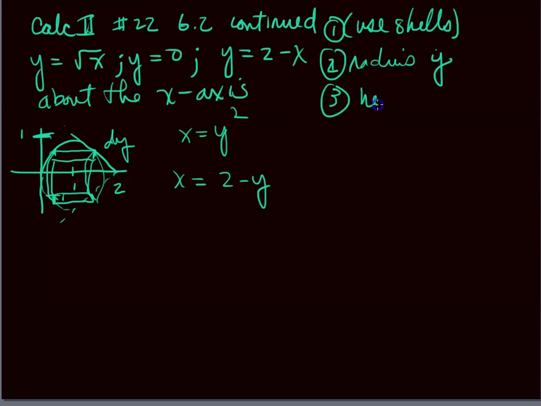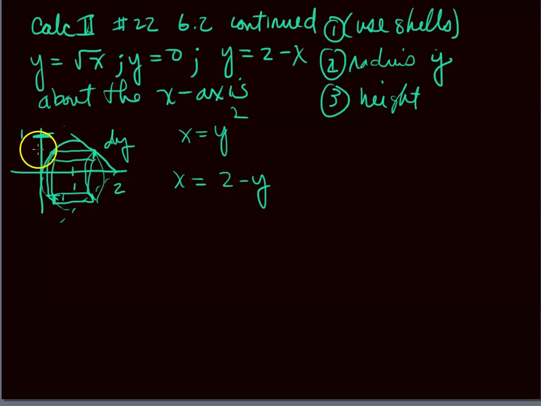The height is this horizontal. But now we've got two functions to deal with. So it's to the left of the line and to the right of the curve. So how do you write that down? Well, if we think of the line as 2 minus y instead of in terms of x, and the curve is y squared, it's really the 2 minus y, that one, minus the y squared.